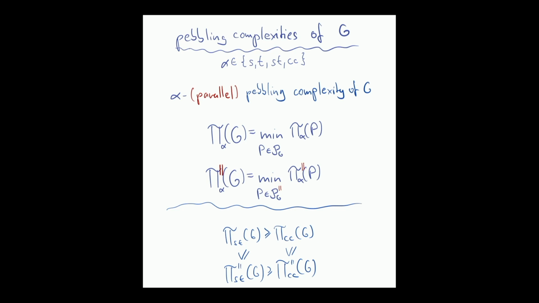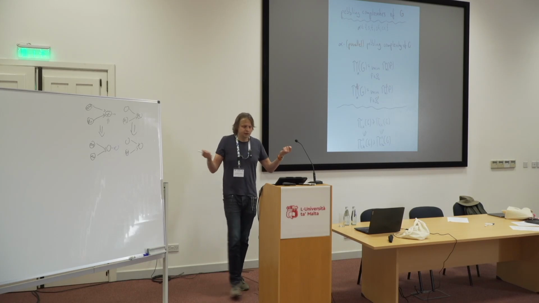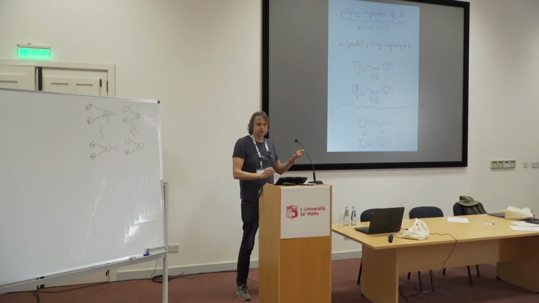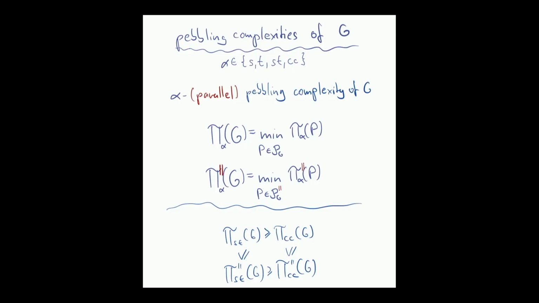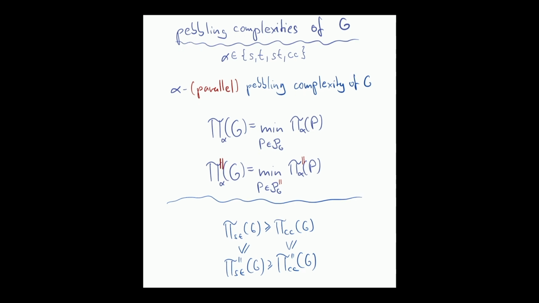The complexity of the graph for this notion alpha is simply the minimum over all possible valid pebbling sequences for that particular notion. If we have this superscript here, the parallel lines, it means we take the minimum over all parallel pebbling sequences, and this is then called the parallel complexity of that graph, parallel space complexity or time complexity, whatever you want.